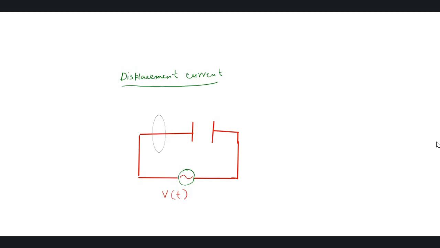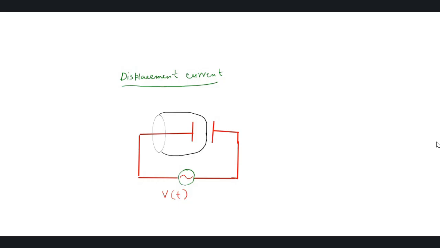Let's say one surface is like this, which is going through the separation between the parallel plates. So this surface is like this. This is the contour which is enclosing one of the plates of the capacitor and going between the separation of the plates.